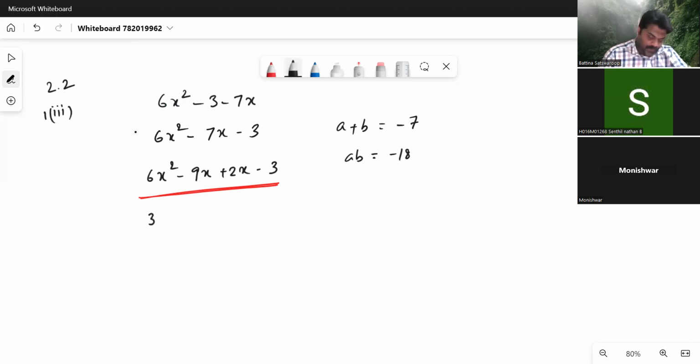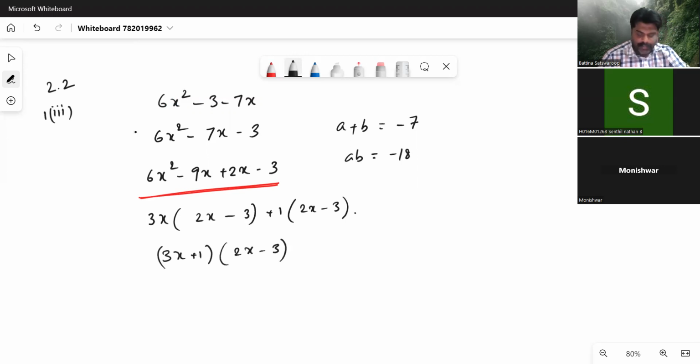Take 3x common. So what will happen here? 3x plus 1 and this is 2x minus 3. So x will be equal to minus 1 by 3. Another x will be 3 by 2. Two cases. Now can you tell me what is alpha plus beta?